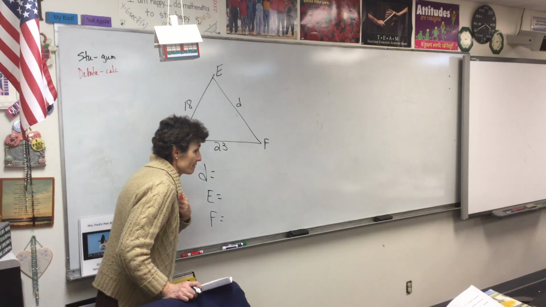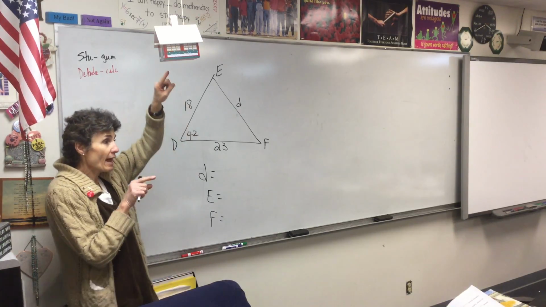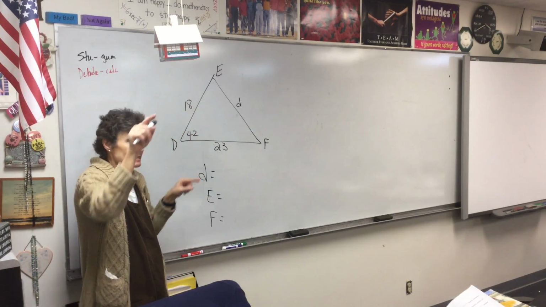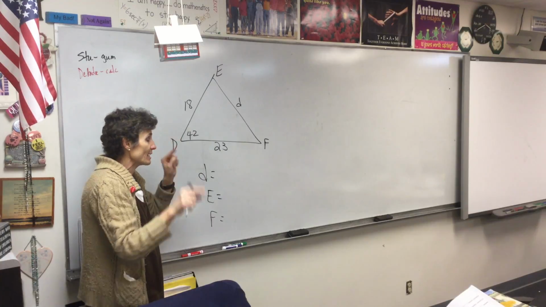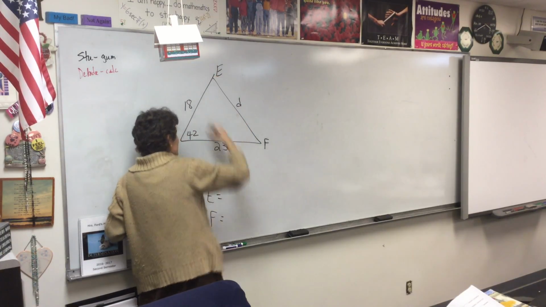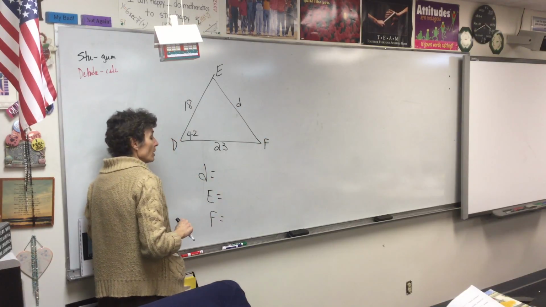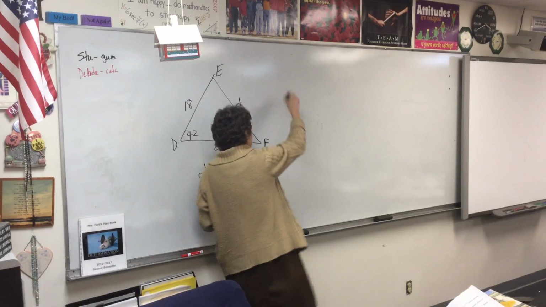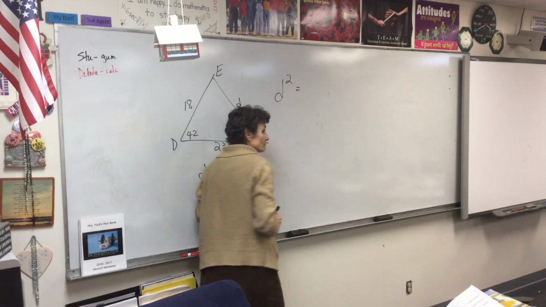Because why? I don't have a matching set, angle and side. If I don't have an angle and its side, if I don't have both of these, or both of these, then I can't do the law of sines. So this is going to be a law of cosines, and it's going to be D squared.